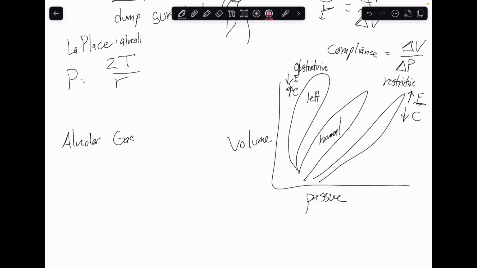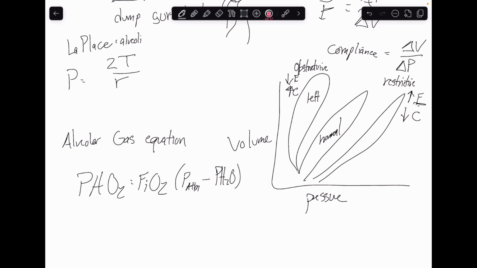And what that gas equation is: P big A O2 is going to be equal to FiO2 times (PATM minus PH2O), in parentheses, minus PaCO2 all over R. Breaking this all down, P big A O2 is our alveolar oxygen partial pressure. Our FiO2 is the inspired oxygen.